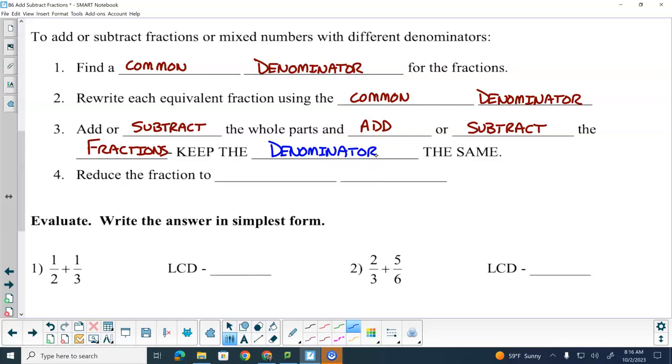Okay? So we want to keep that common denominator. We're not going to change that yet. Okay? I know, I hear you. It seems like it's a lot of steps, but really it's not. Reduce the fraction last, because we always want our fractions in reduced form.